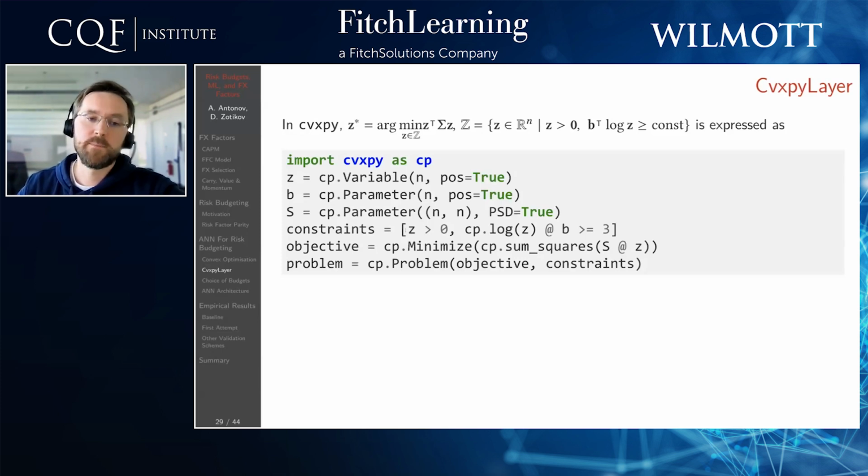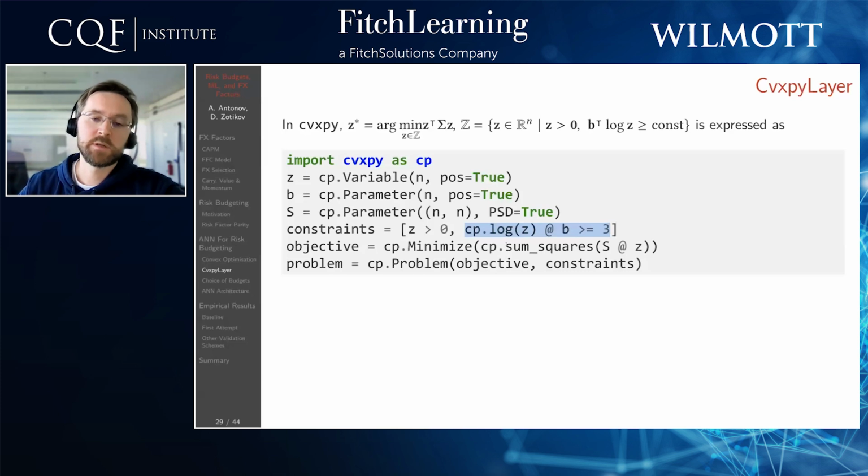You then formulate the constraints in a very natural form. So that's your inequality, and then you say that this inequality should hold as well, and it's written in almost exactly the same form as is stated mathematically above.